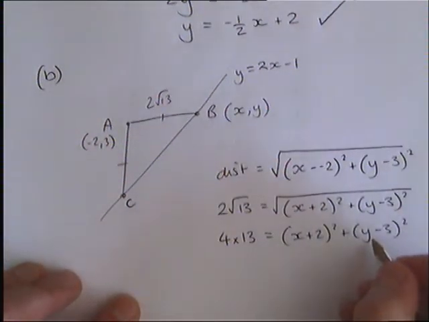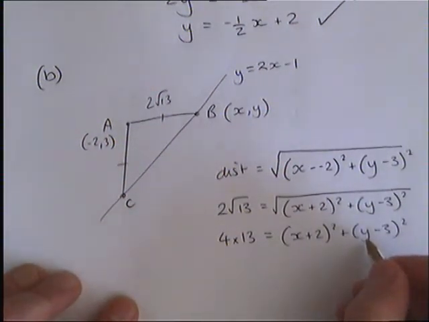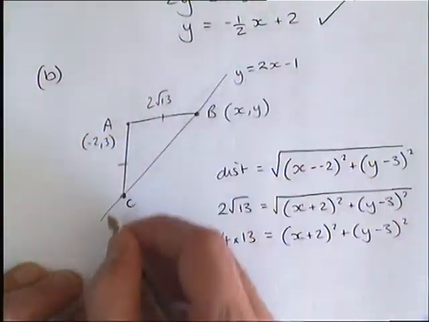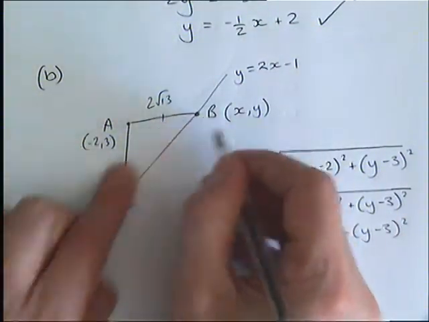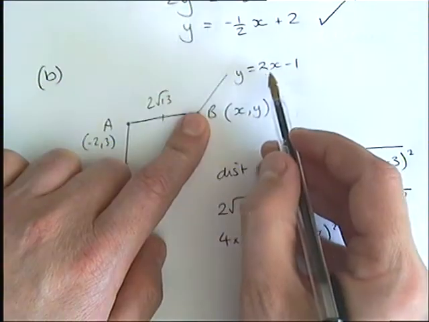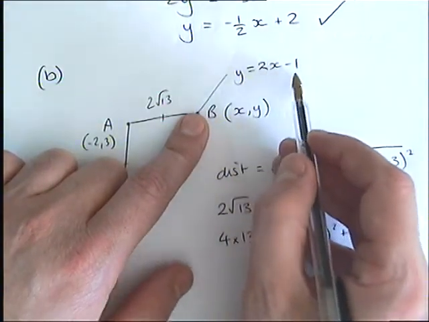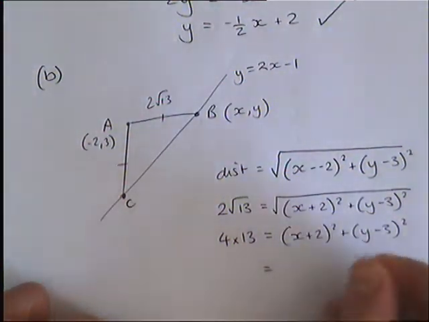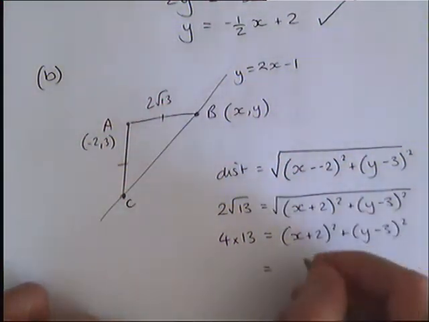And then I am also going to use the information that for point B and for point C, because they're both on the same line, so I'm just focusing on point B, but this equally applies to point C. The y coordinate is equal to 2x minus 1, so that y there can be replaced with 2x minus 1. We do a substitution essentially.